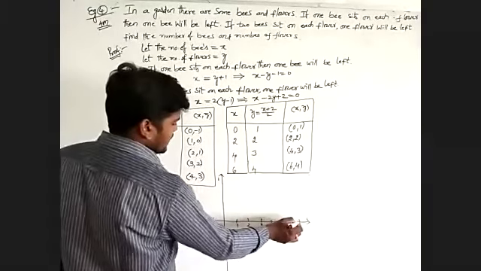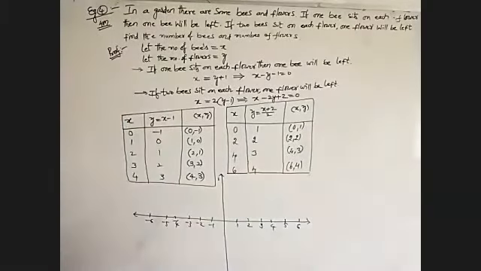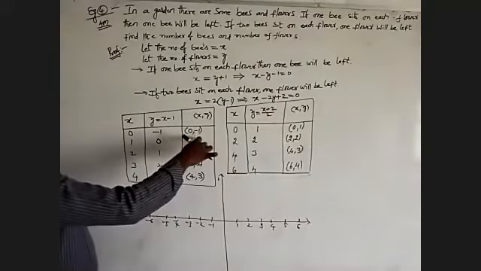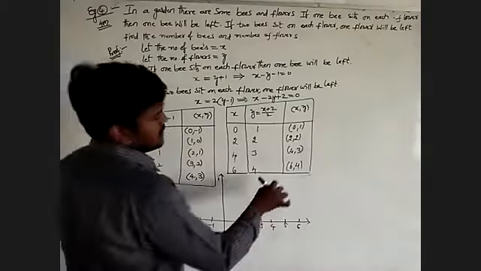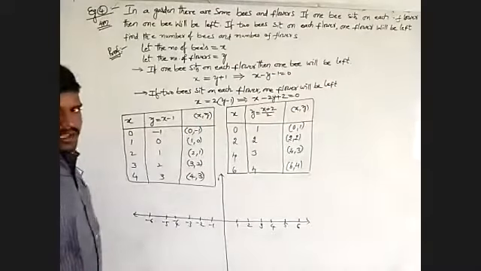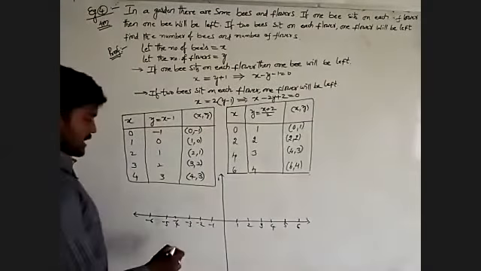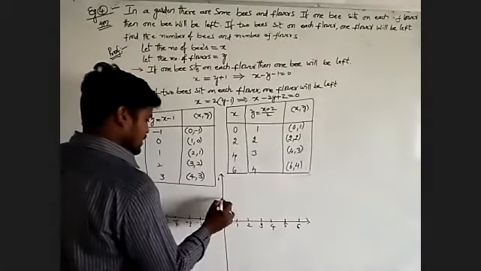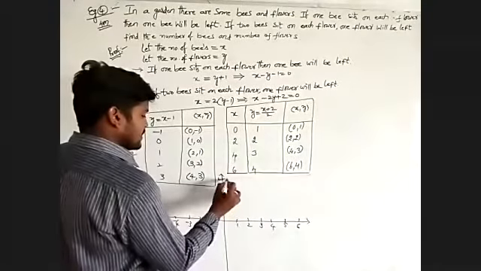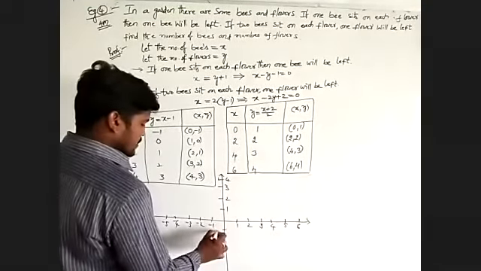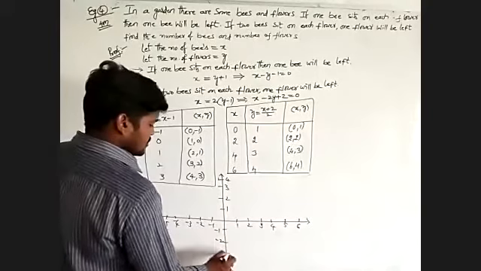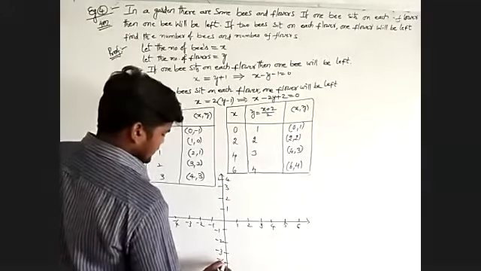Next, on the y-axis we take -1, 0, 1, 2, 3, 4. All the values are below 5, so we take 1, 2, 3, 4 and -1, -2, -3, -4.